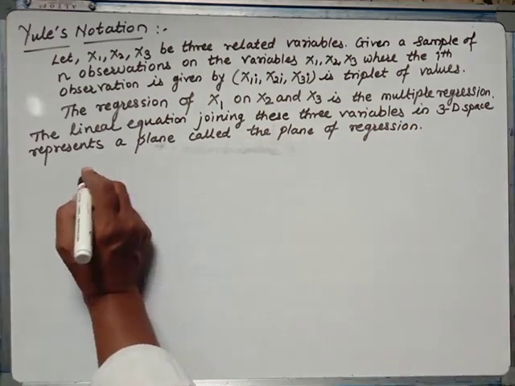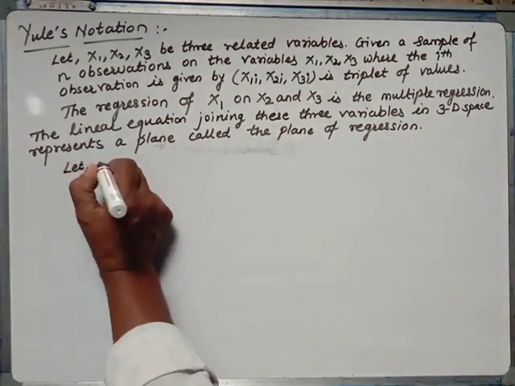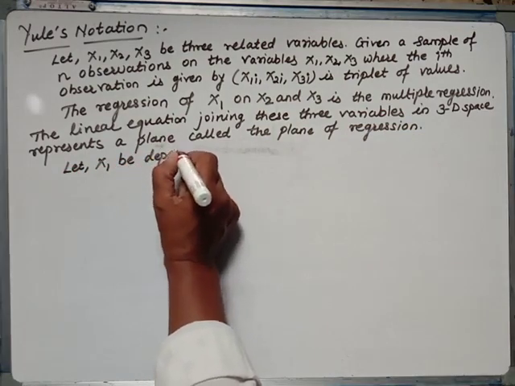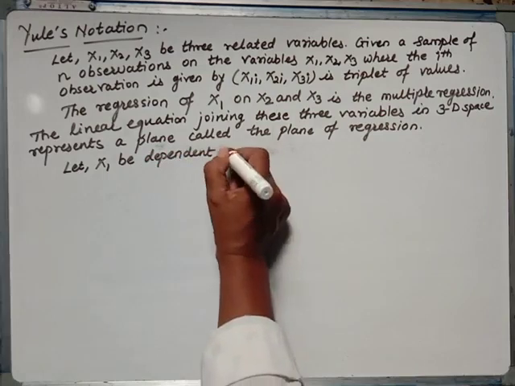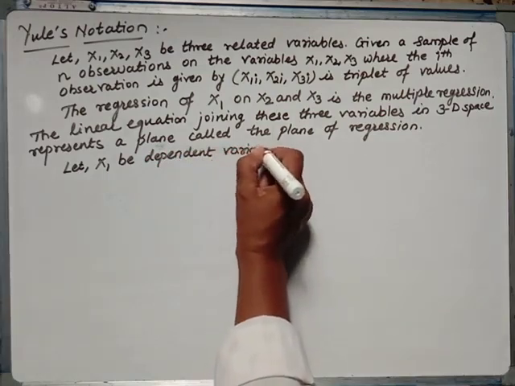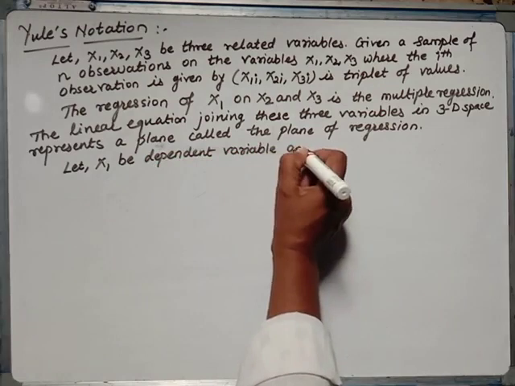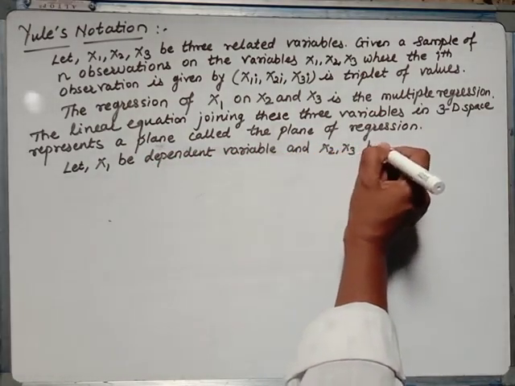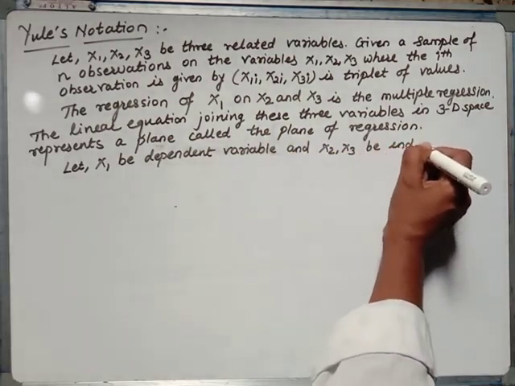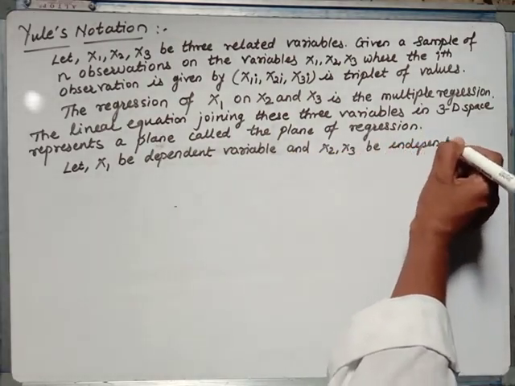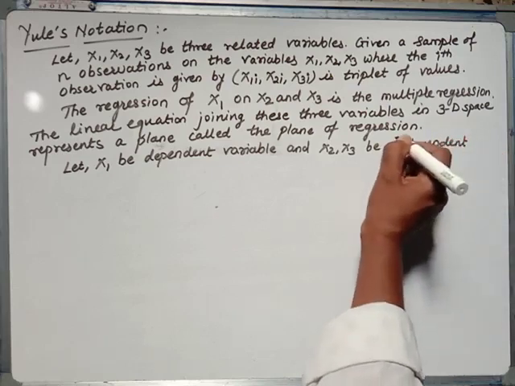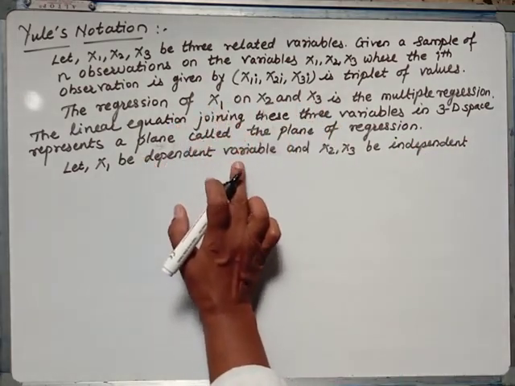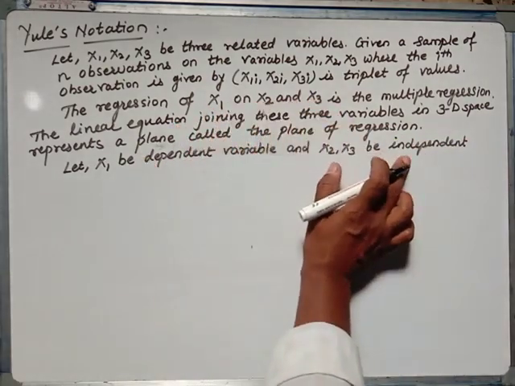Now let x1 be the dependent variable, and x2, x3 be independent. Regression of x1 on x2, x3, we have assumed x1 will be dependent and x2, x3 are independent variables.